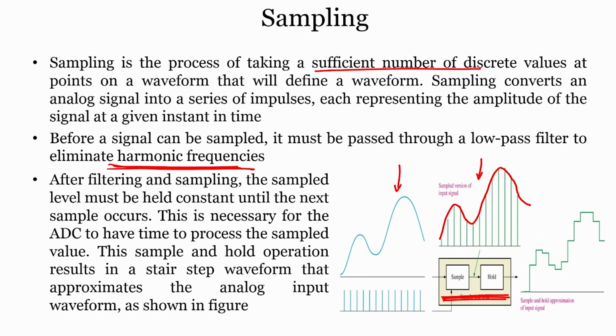This sample and hold operation results in a step waveform that approximates the analog input waveform, as shown in this figure. So, this is the analog signal, then this is the sampled version of the input signal, and this one is the sample and hold approximation of the input signal. This is how sampling works.